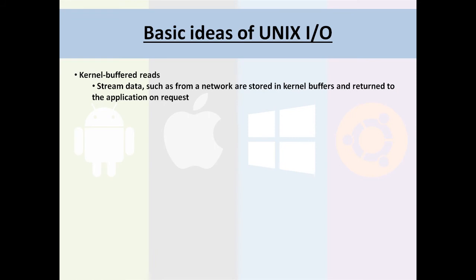So the data gets streamed basically into like kernel memory in this kernel buffer, and then on request it gets provided to the application program. And just with reading, they did the same approach to writing. So outgoing data is stored in the kernel buffer for transmission when the receiving device becomes available.